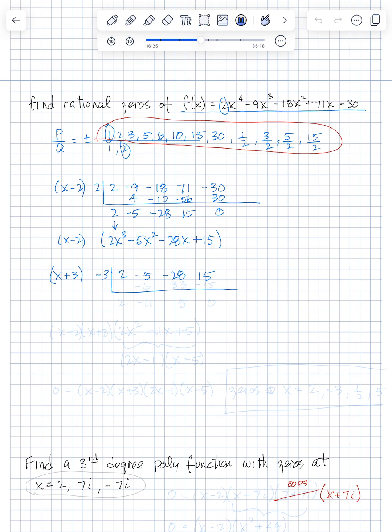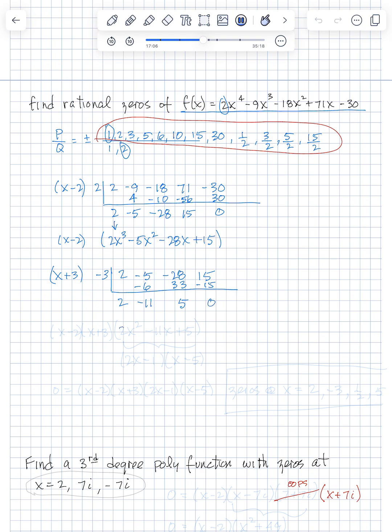If you don't graph it first, you're just going to be doing trial and error on these. So we just bring the 2 down. -3 times 2, -6. -11. This is going to be 33. 33 minus 28 is 5. -3 times 5, -15. And then this is 0.